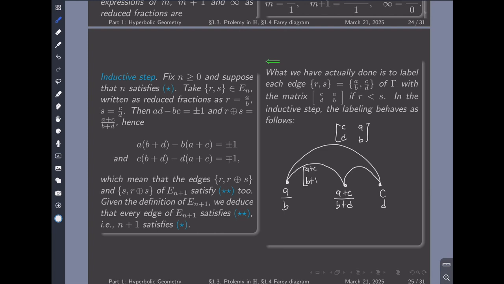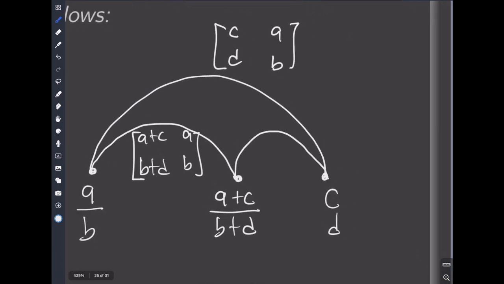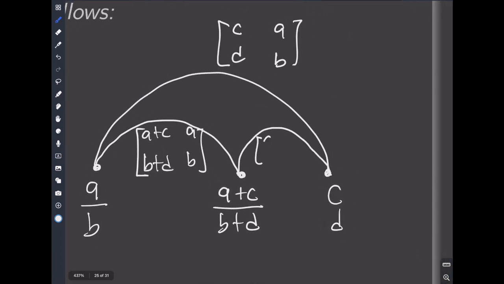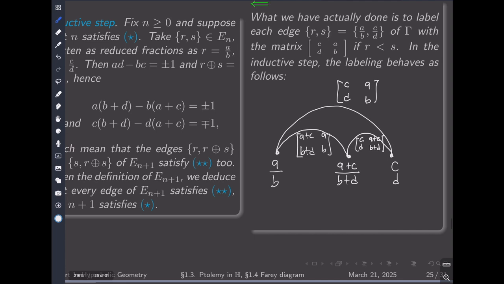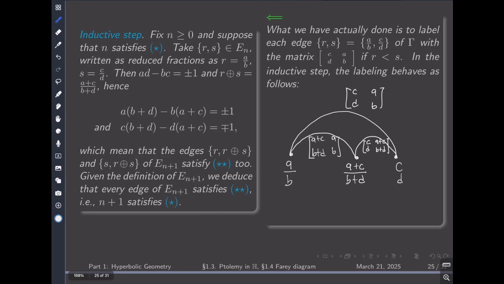The labeling of that edge would be B plus D, A, B, and the labeling of the other edge would be C, D, A plus C, B plus D. That's the labeling of the new edges.